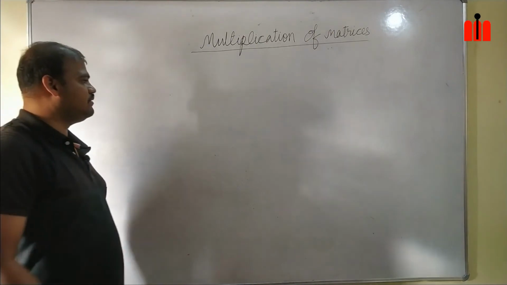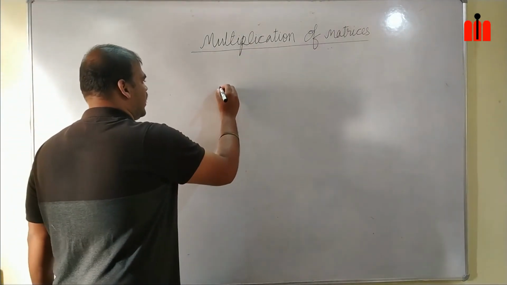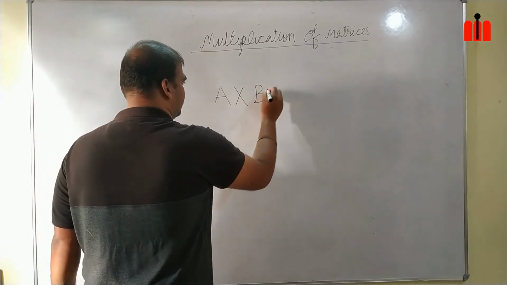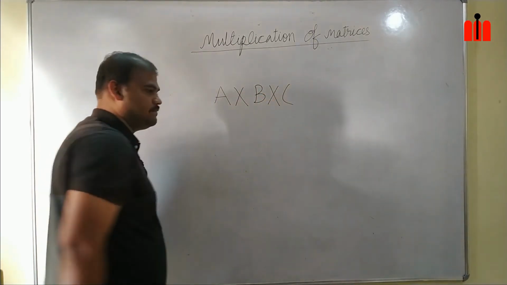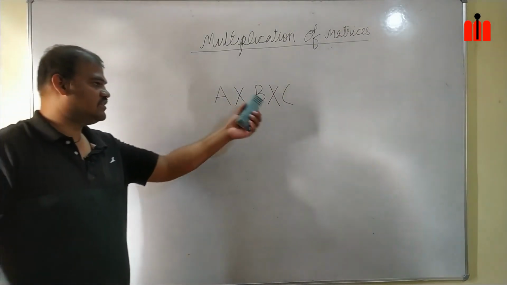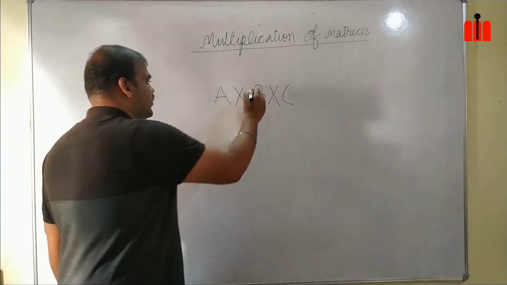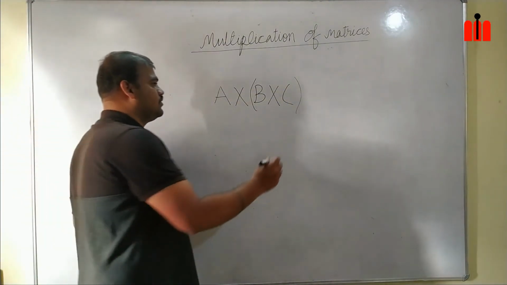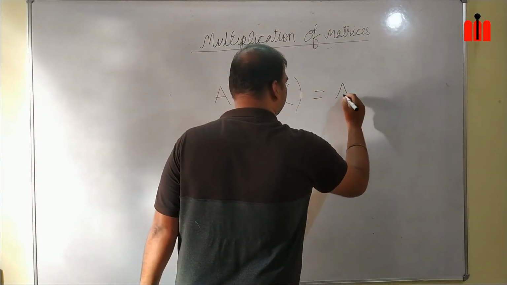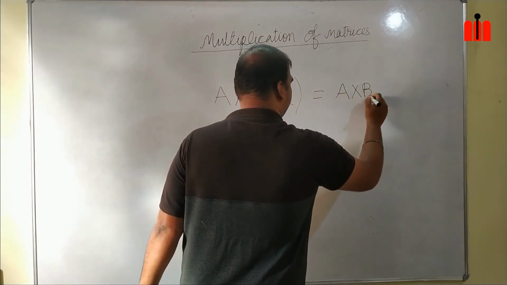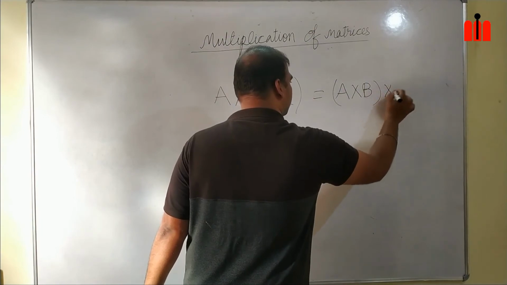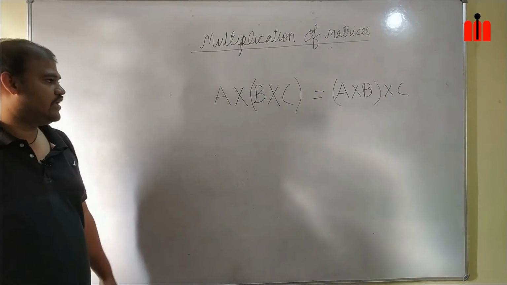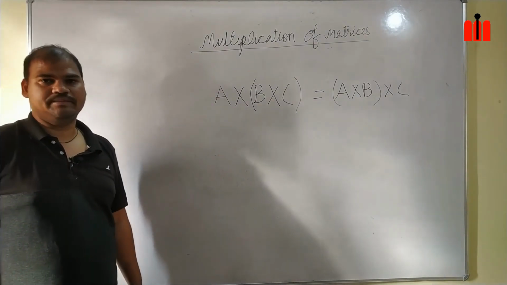Properties of multiplication: A multiplied with B multiplied with C. You can take B and C at the same time, or you can also take A and B at the same time and multiply with C. Okay, so this is my first property.